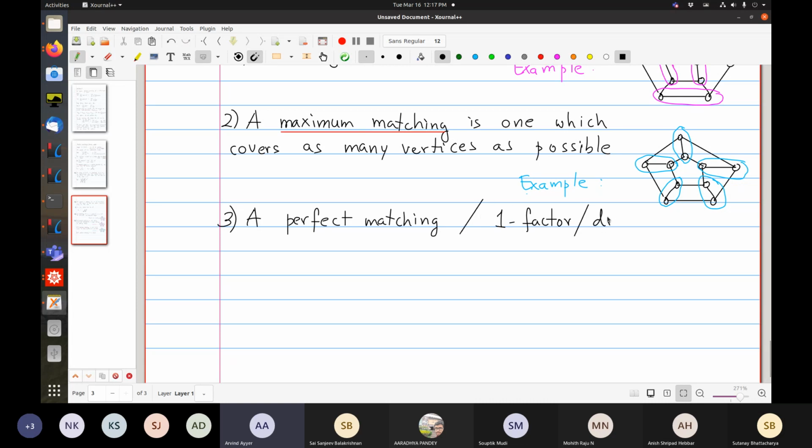It's also called a dimer covering. It is one which covers every vertex. So this example is both a maximum matching and a perfect matching.